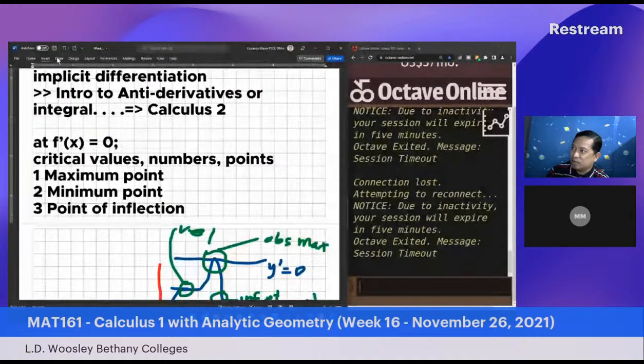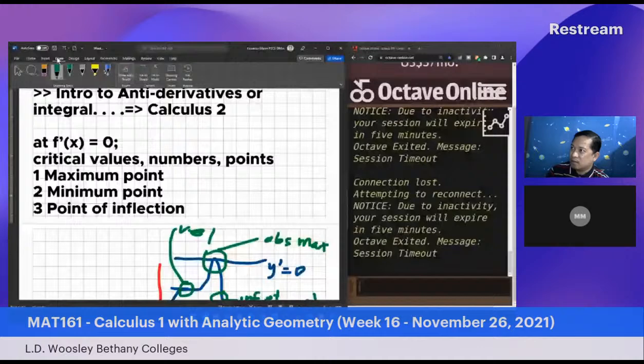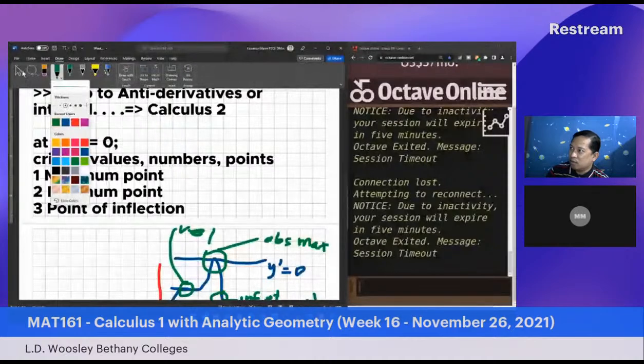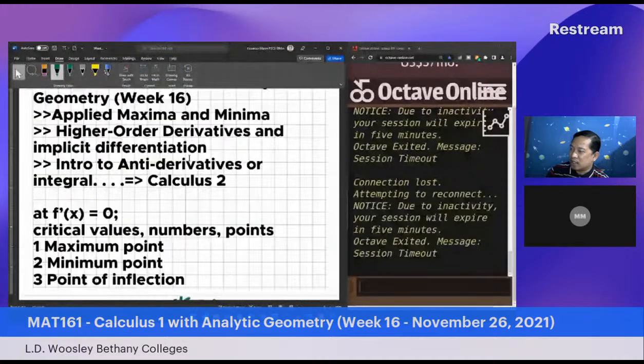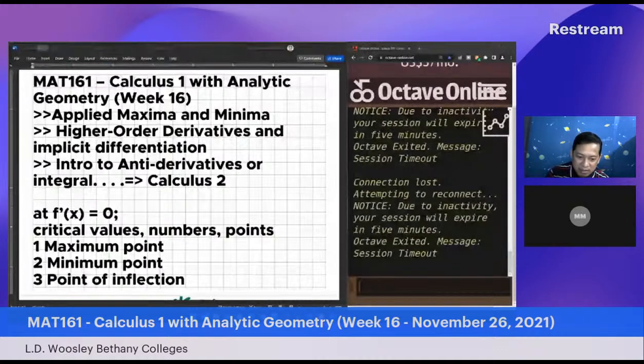Okay, sample problems muna tayo. So konti na lang ito, then we will go to the next topic, which is higher order derivatives. Madali na lang naman yung higher order derivatives. Okay, let's see if we could have some sample problems here.